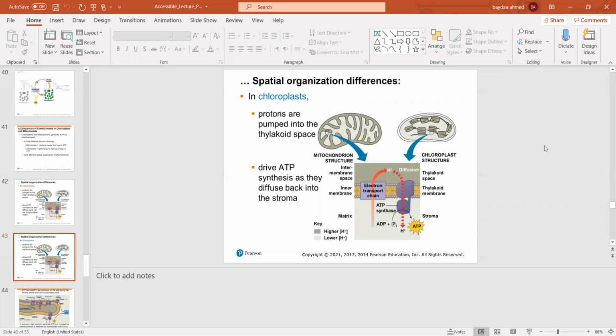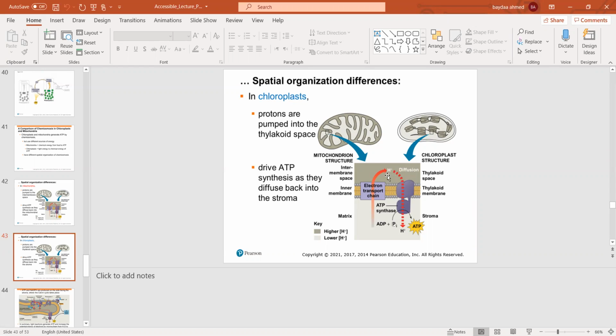Similarly, electron transport chain proteins in the thylakoid membrane of the chloroplast pump protons from the stroma into the thylakoid space, which functions as a hydrogen ion reservoir.